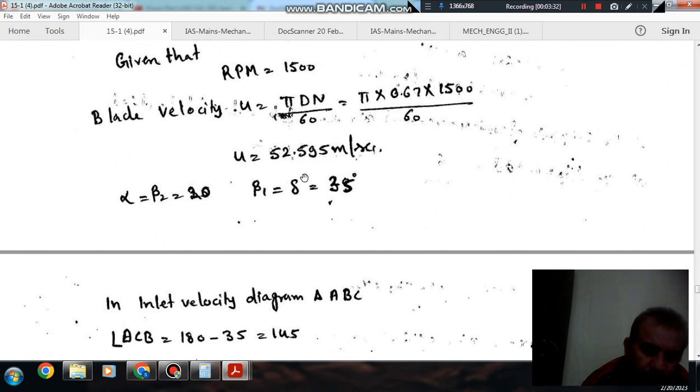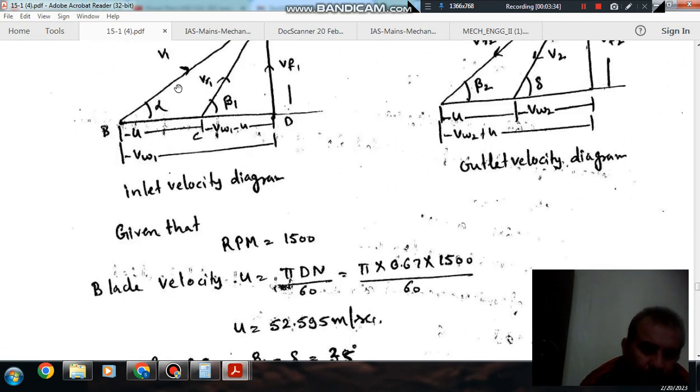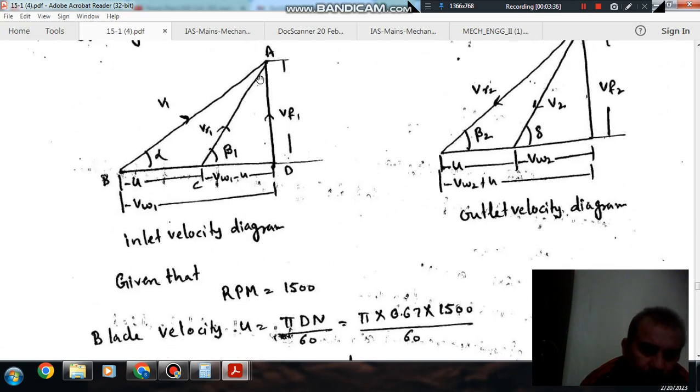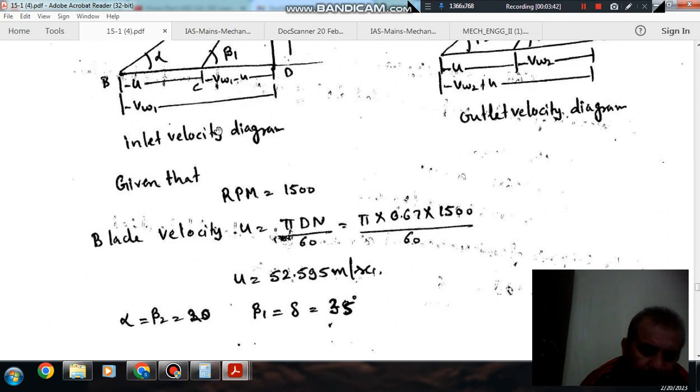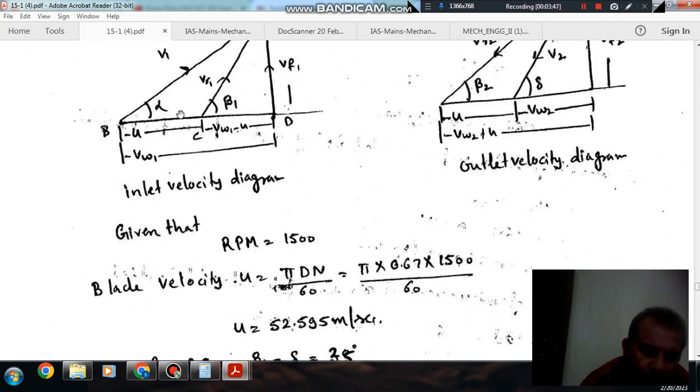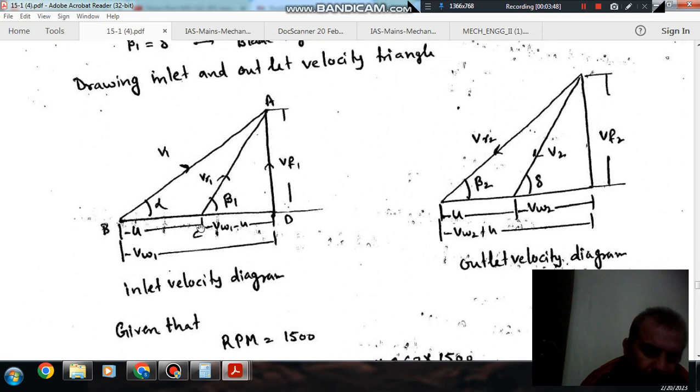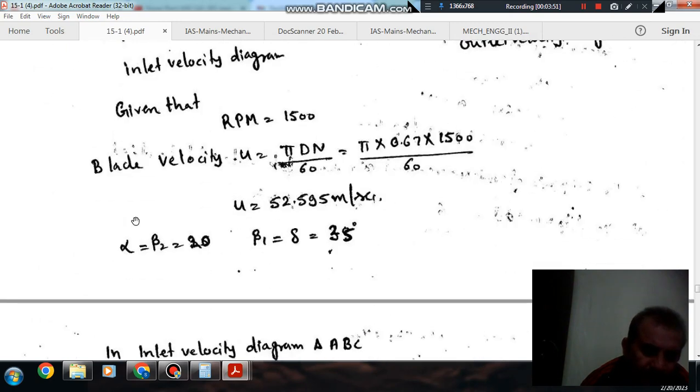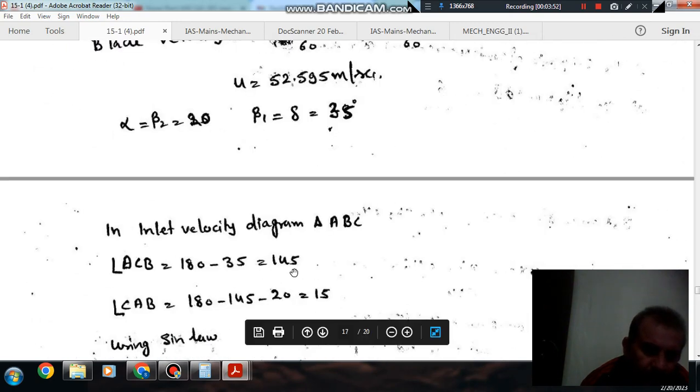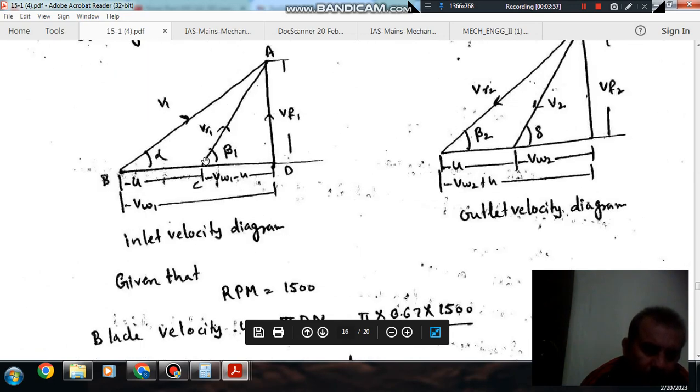U we have calculated. Now from this triangle ABC, alpha is 20 degrees and beta 1 is 35 degrees. So we can calculate this angle ACB. That will be 180 minus 35, that is 145. Now we have two angles of the triangle, so we can determine the third angle.